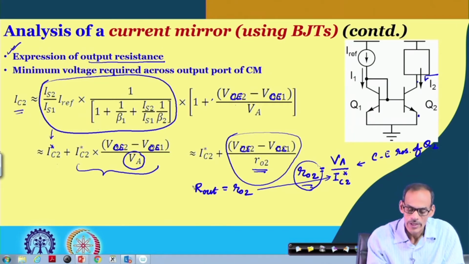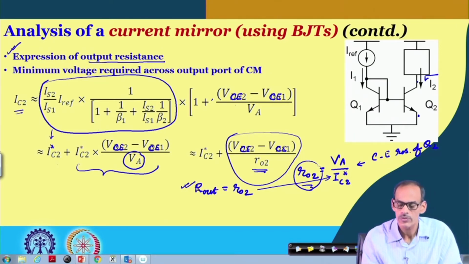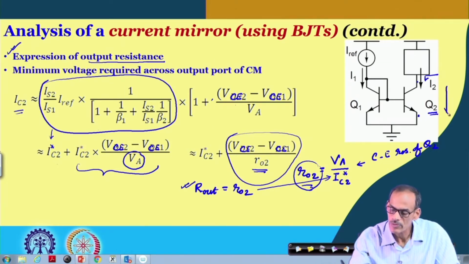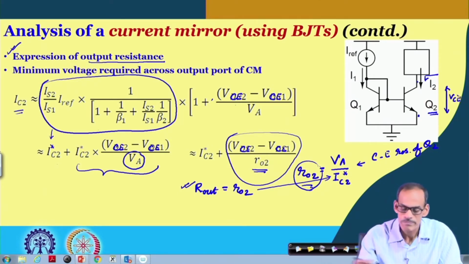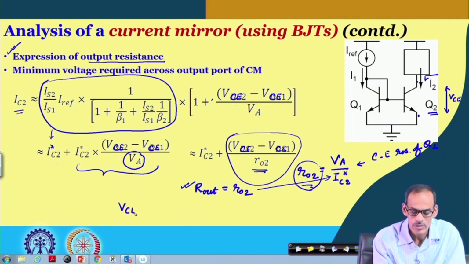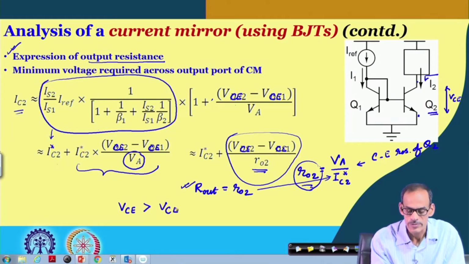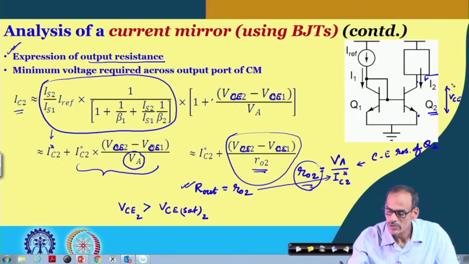Now, we can get a high value of this output resistance, which we are looking for, only if we assume that the transistor is in the active region of operation. To get that, we require a minimum voltage across this transistor, that is the VCE. So, the VCE minimum we require should be higher than VCE sat. That is the voltage across this element, maybe call it V2.